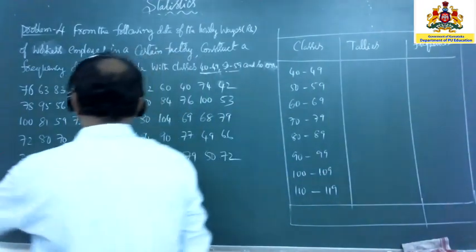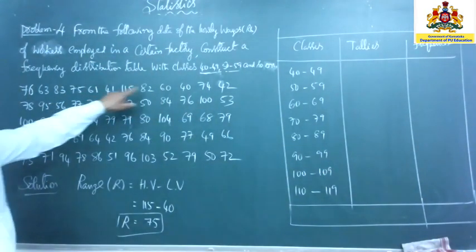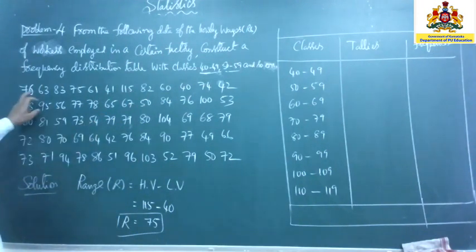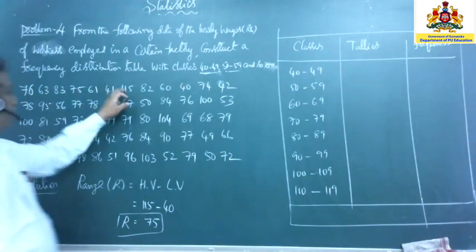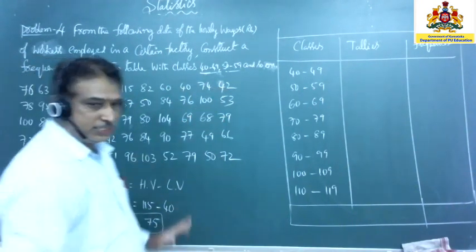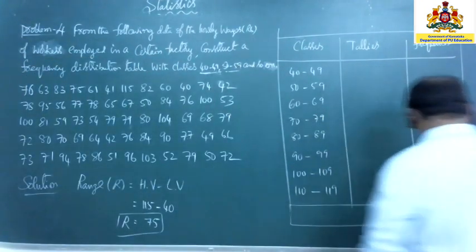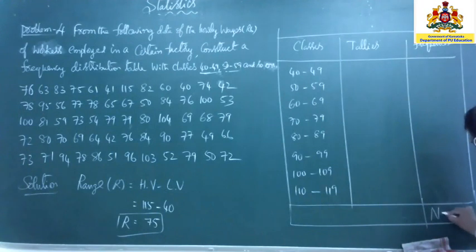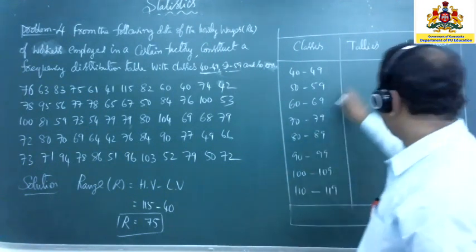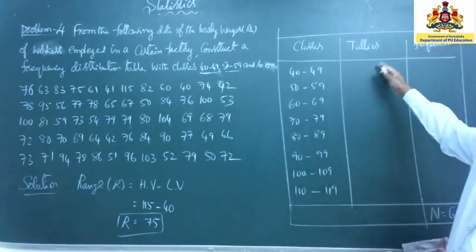Here, how many values are there? 1, 2, 3, 4, 5, 6, 7, 8, 9, 10, 11, 12. 12 fives are 60. The capital N, you have to get it. The total frequency is 12 fives are 60. Now, you have to put tallies on your own.